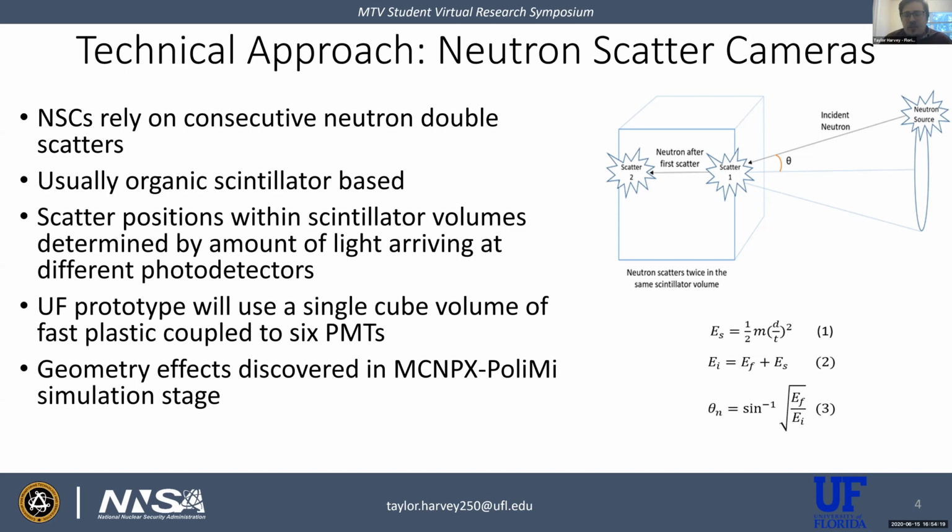The locations of the scatters are found by comparing the total light arriving at each of the photodetectors.